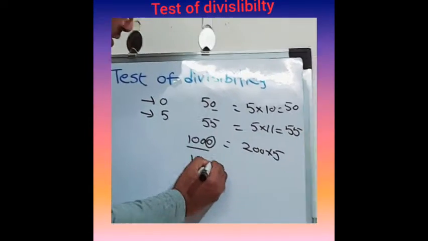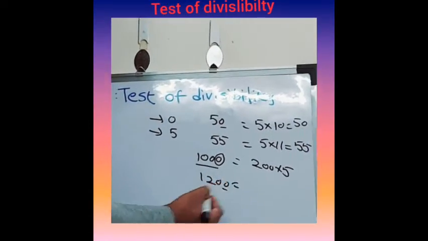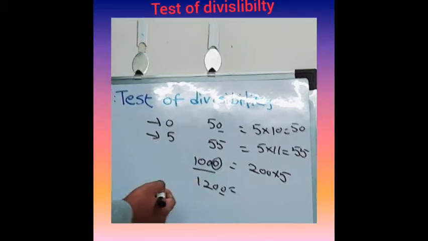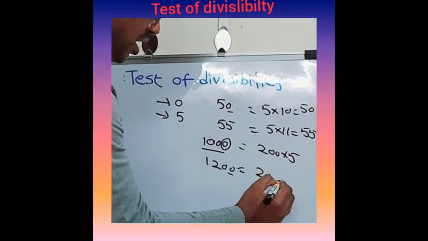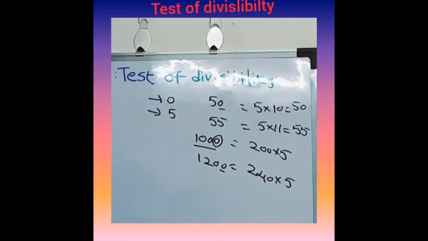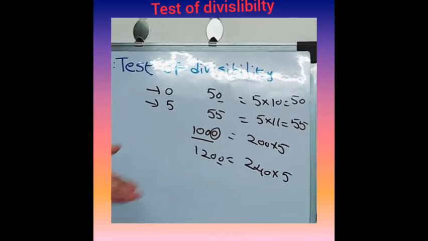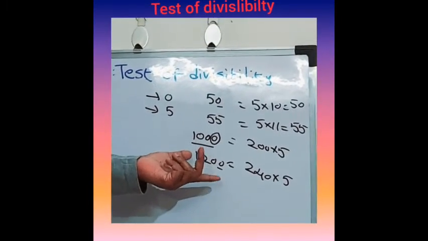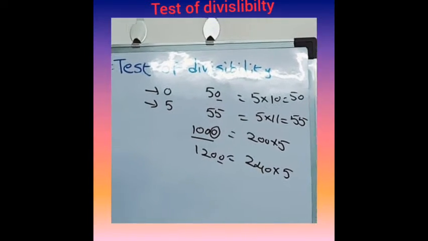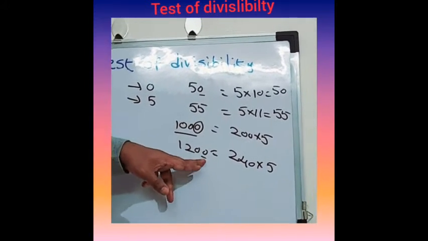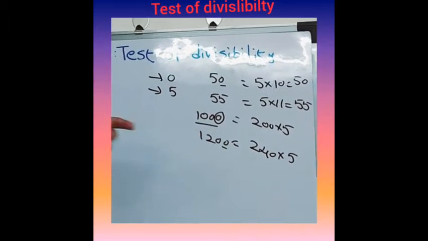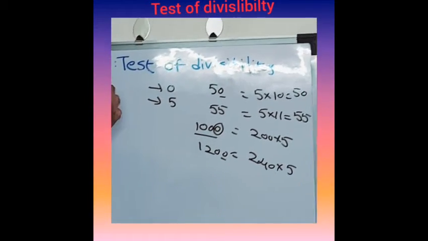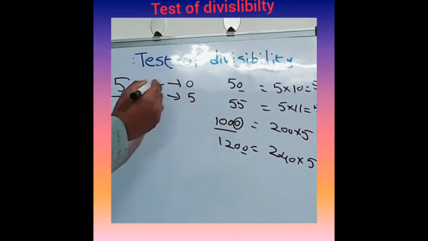Similar way, 1200: the unit position value is 0, so 240 multiplied by 5 gives 1200. So the simple logic is, irrespective of the number of digits, if the number contains 0 at the unit position, then the number is divisible by 5. That is rule number 1.